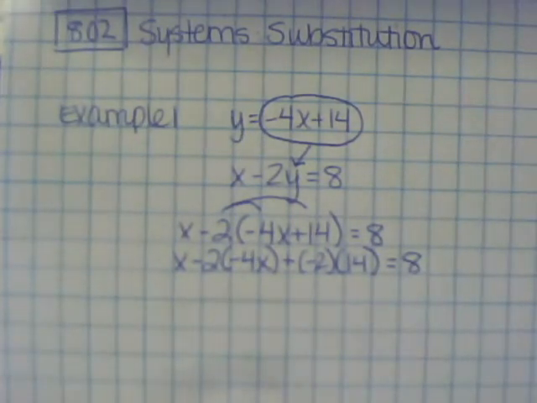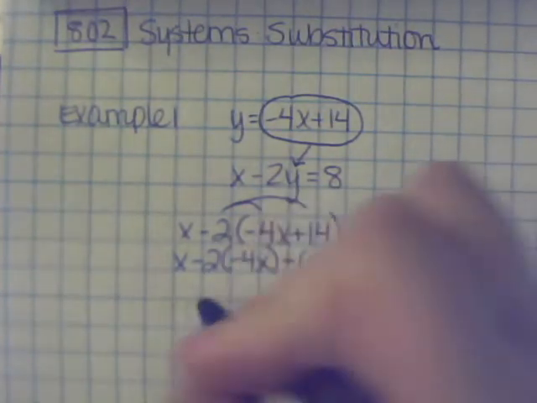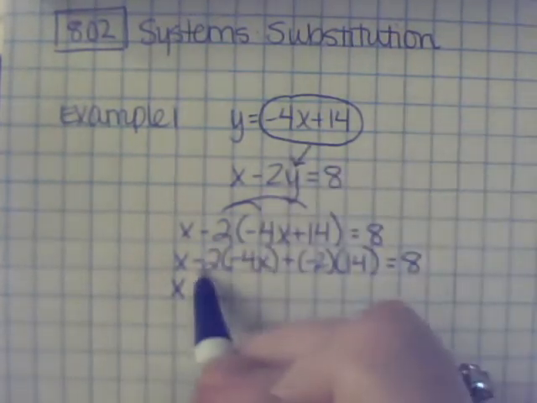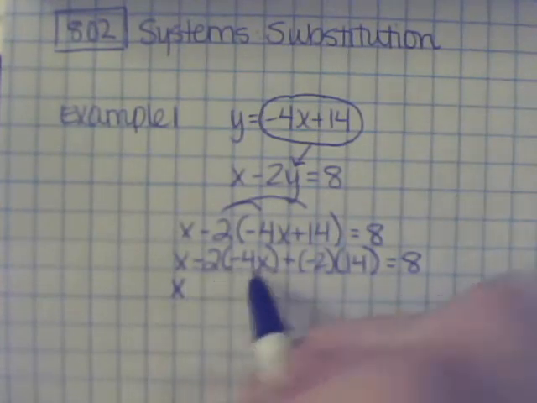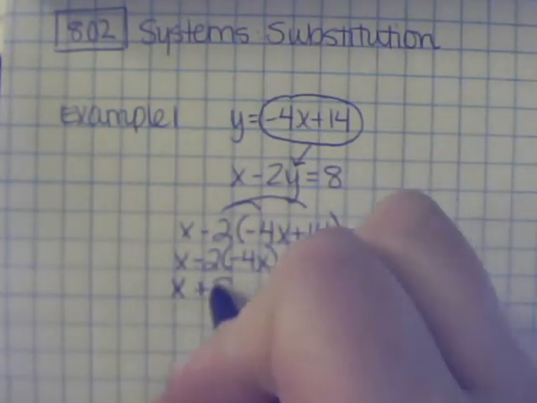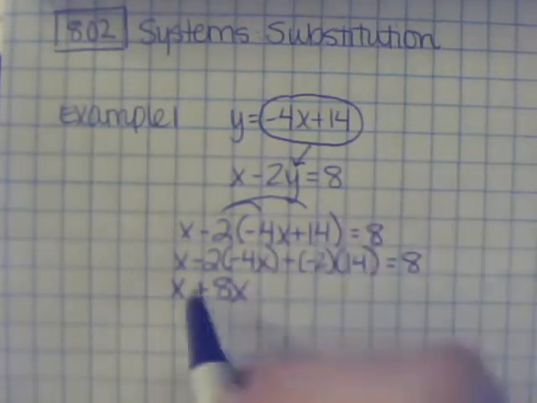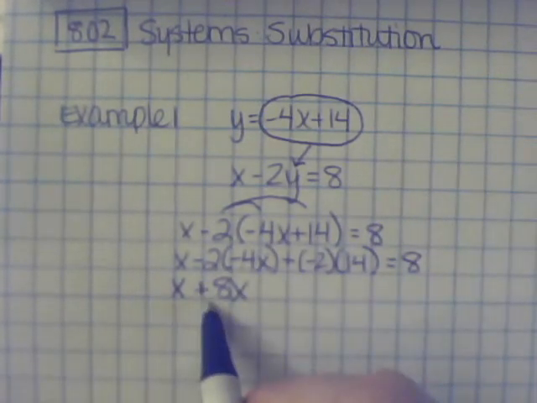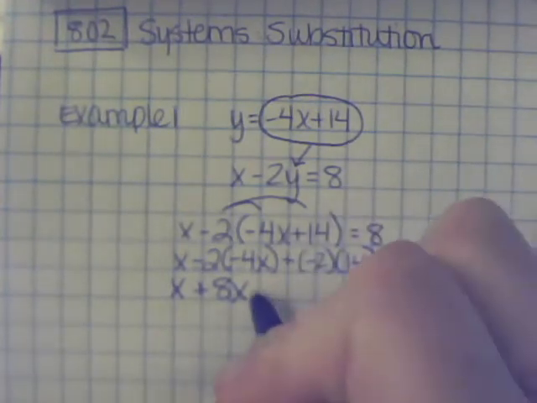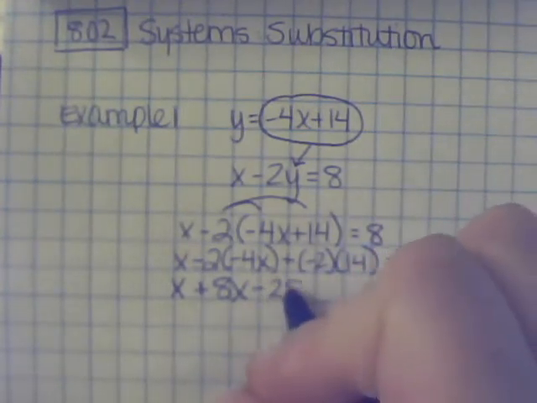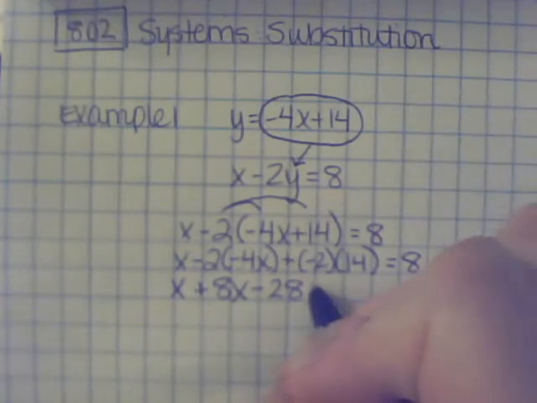And now I can simplify the multiplication. So I'm going to have x, and then negative 2 and negative 4x. Negative 2 and negative 4 become plus 8x. A negative times a negative is a positive. And then negative 2 times 14 becomes minus 28. Copies down the equals 8.